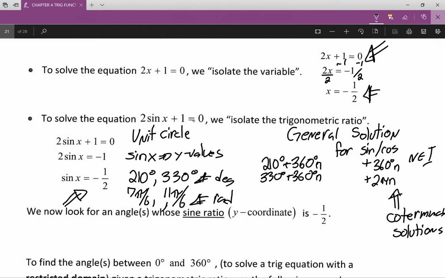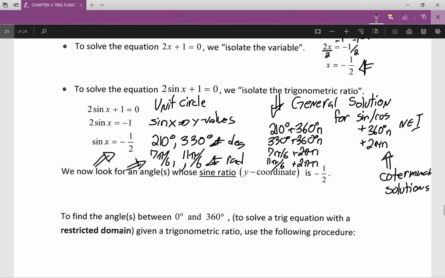If I was working in radians, it would be 7 pi by 6 plus 2 pi n, and 11 pi by 6 plus 2 pi n. So we have the regular solutions from looking at our unit circle, and then we can have the general solution. We're going to get into restricted domains as well, which will add another bit of fun to this party, but for right now, this is pretty good.